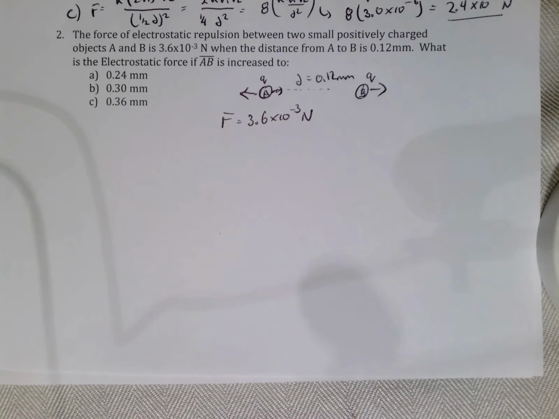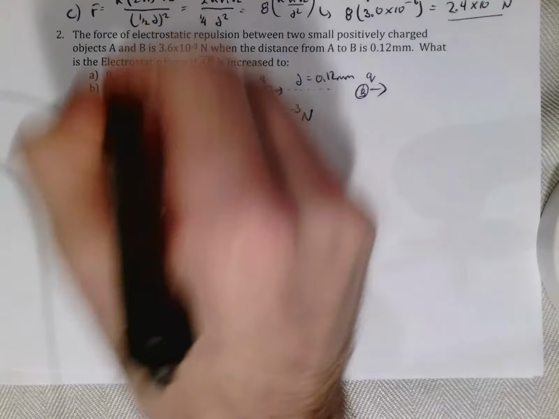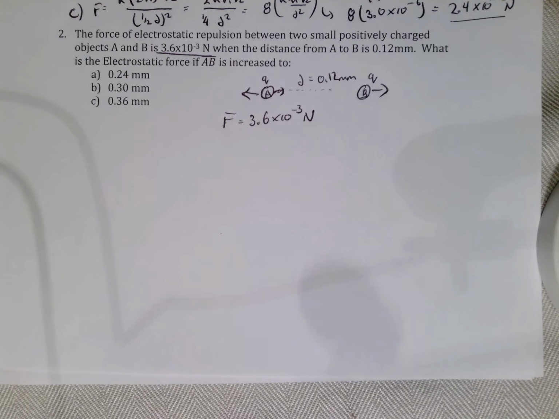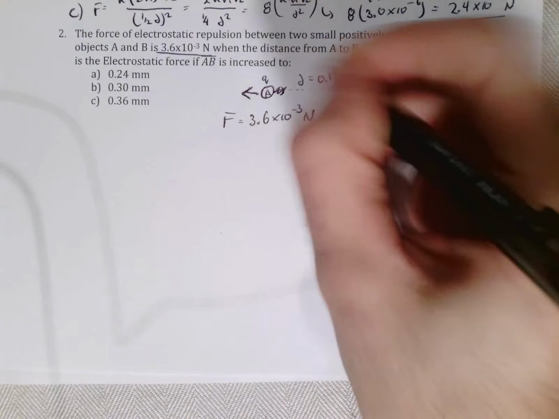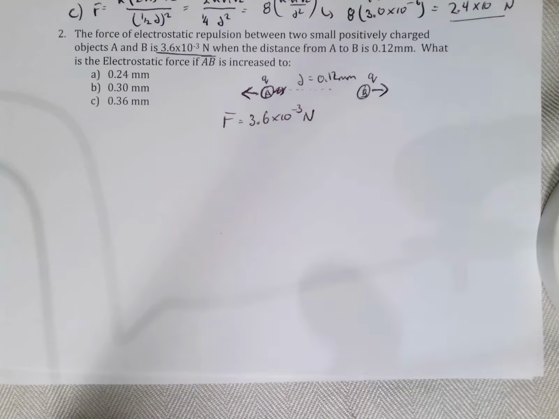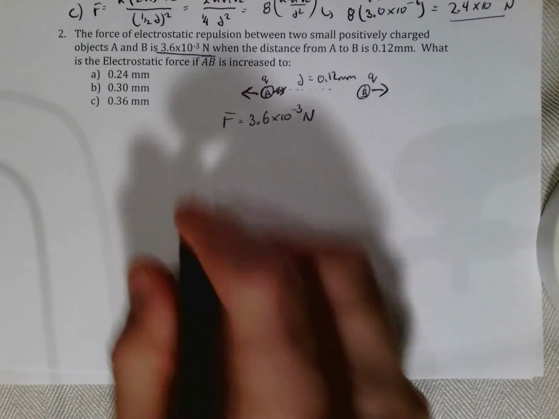So we just have to keep that in mind for the question. That was given right here. So we've got these forces. It's going to be repulsion, just as a side note, right? We have two positive charges, so they're going to be repelled from each other. That's not in the question, but just good to remember.